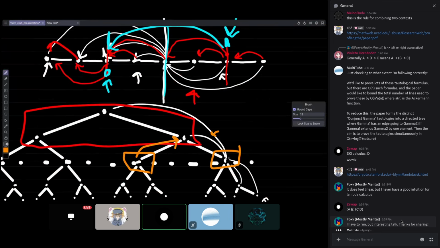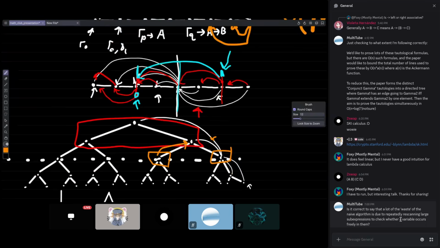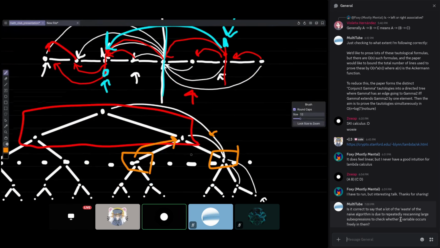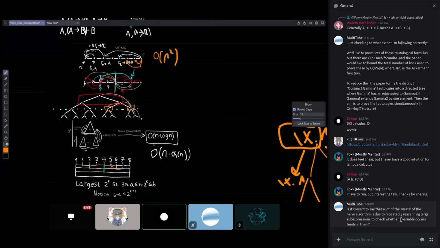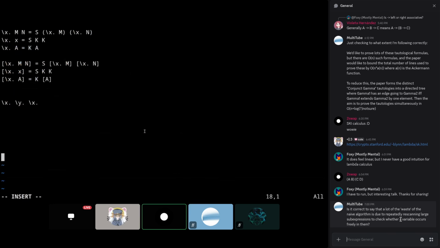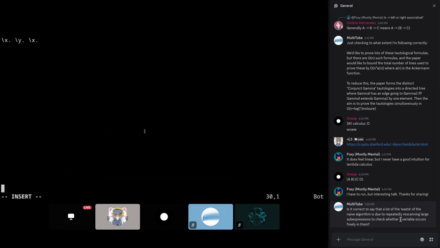Yep. But in the case of untyped lambda calculus, where there aren't types, these two edges are the same edge. You can use the same lambda calculus construct to get from both edges to their parent. Yes. Okay. So you can save edges. That makes sense.